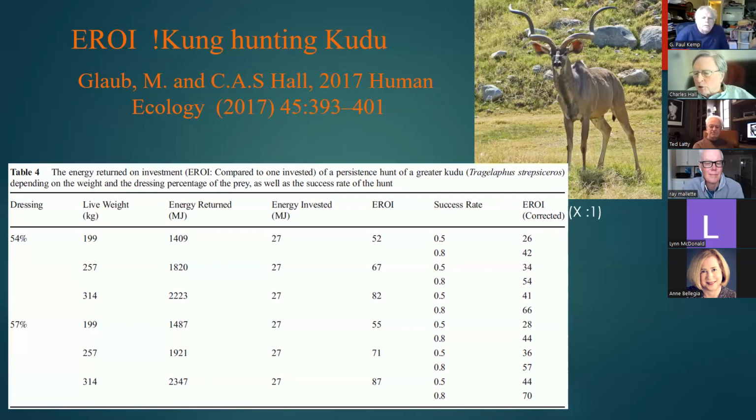We found a pretty substantial energy return on investment. So that's my small contribution to anthropology: the hunters probably had a pretty good energy return on investment, although the early folks thought that was not the case.